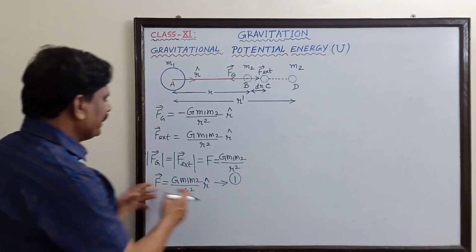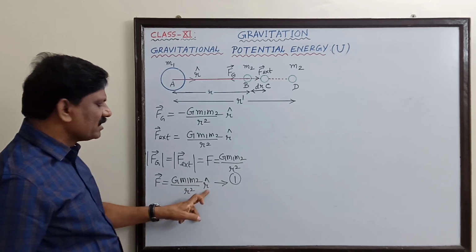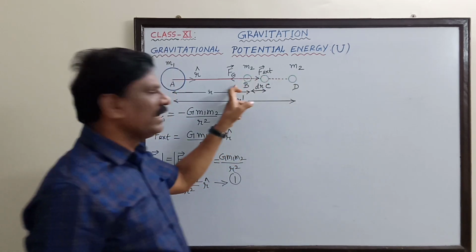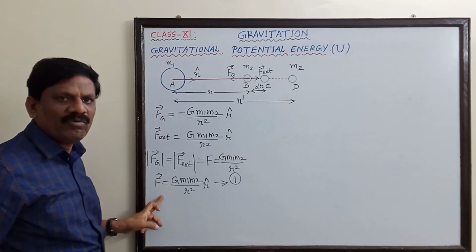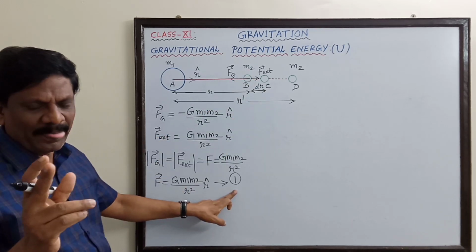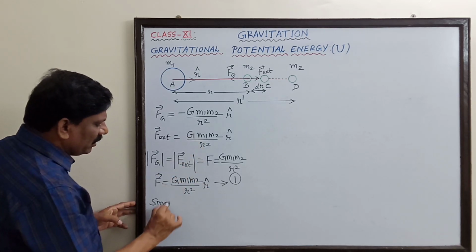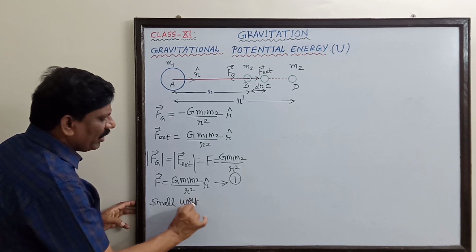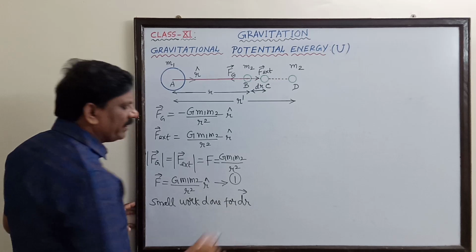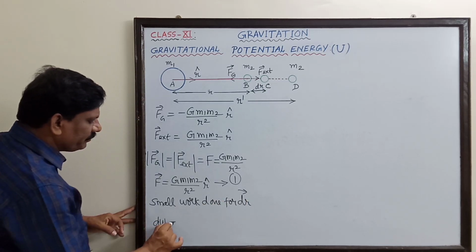Now, the general expression for the force we are going to substitute is G m1 m2 by r square into r cap. Whether you move from r to r dash or r dash to r, the general expression for the force required to be exerted on m2 is given by equation 1. Now a small work done for a small displacement dr is given by dW.